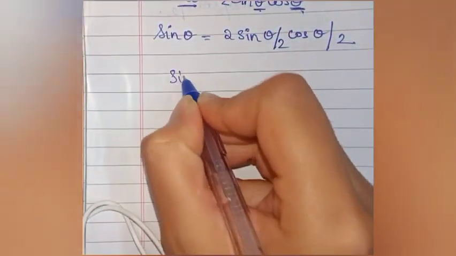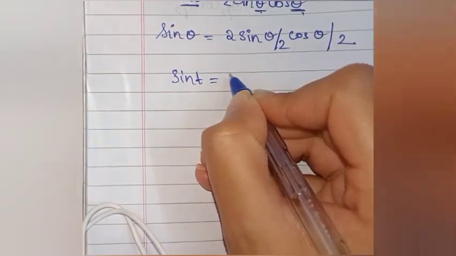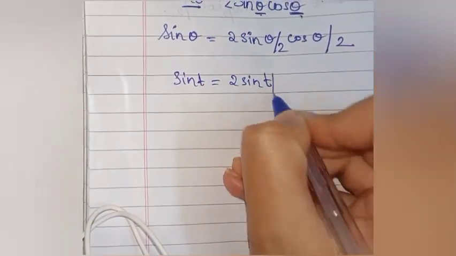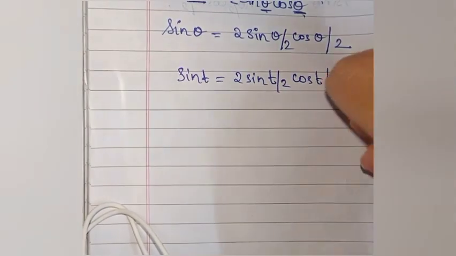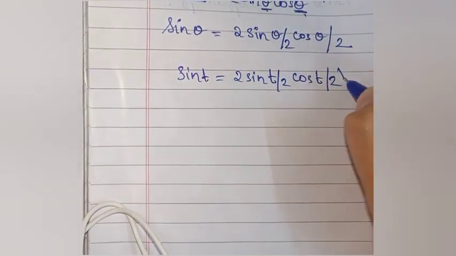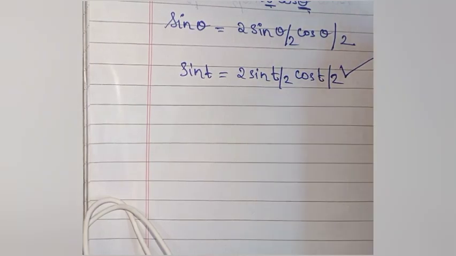Applying it for sin t, it will be equal to 2 sin t by 2 cos t by 2. So this is the first equation we are going to substitute for simplifying dy by dx.